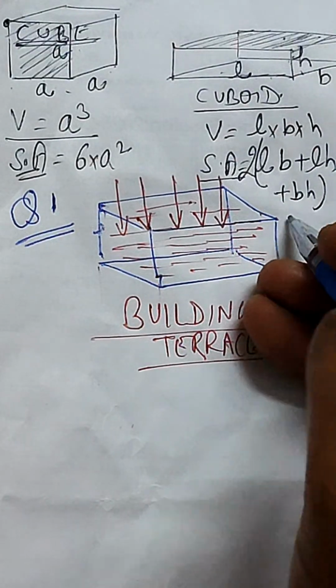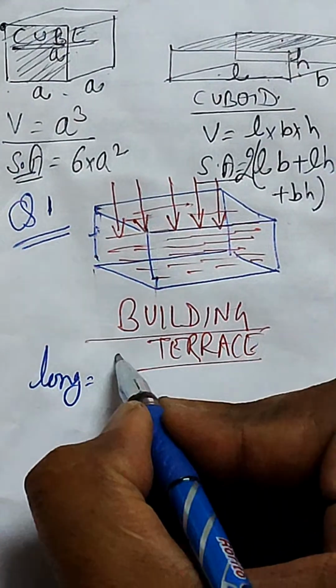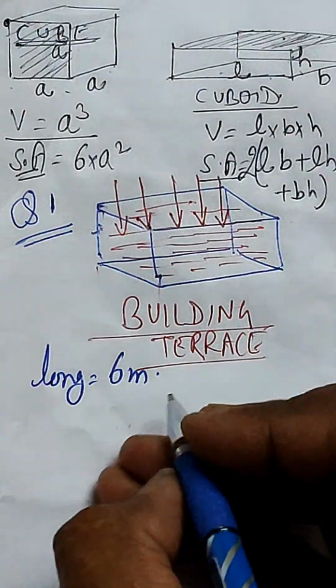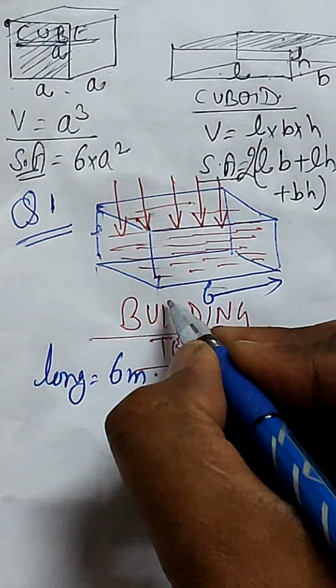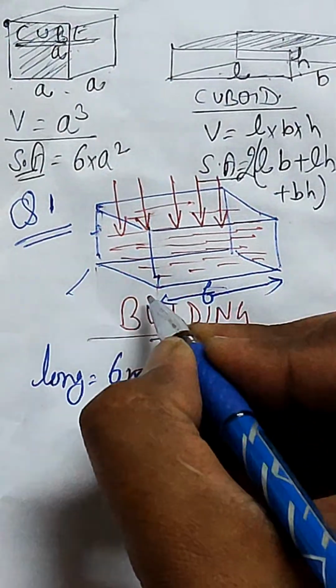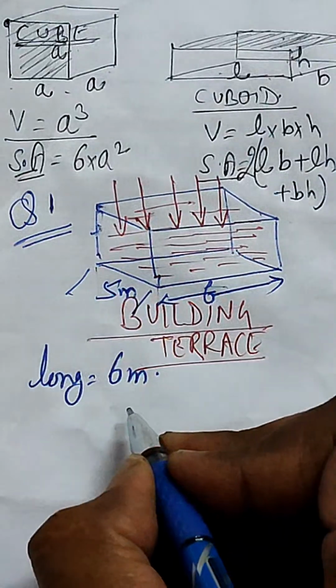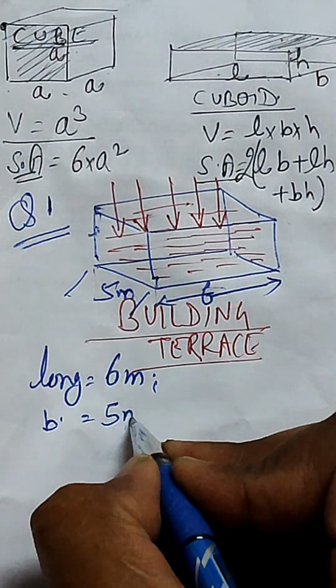The length of this terrace is 6 meter, because it's given that it is 6 meter long, and the breadth is given as 5 meter broad, right? So breadth is 5 meter.